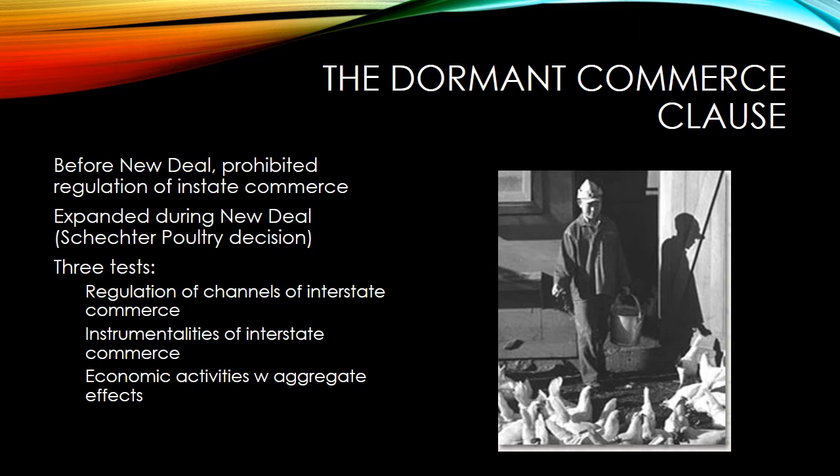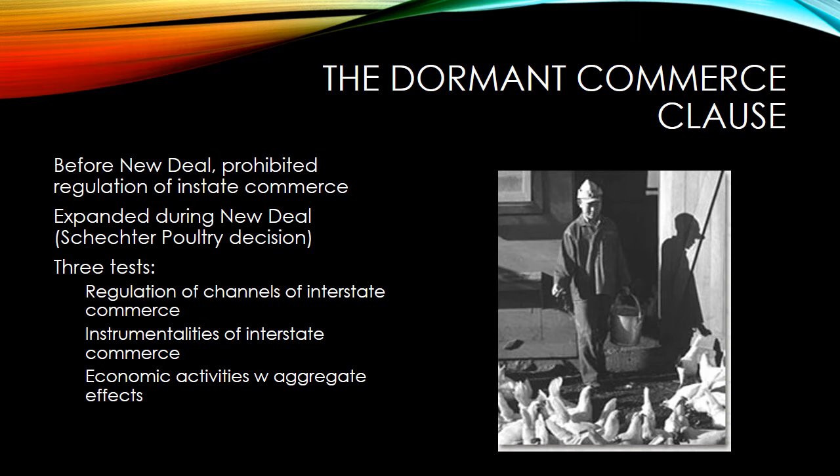Before the New Deal, before the 1930s, it was generally thought in judicial reasoning that the Commerce Clause didn't apply to any activities that took place within a single state.